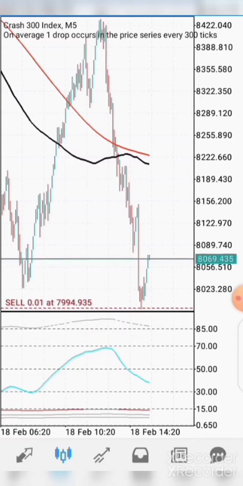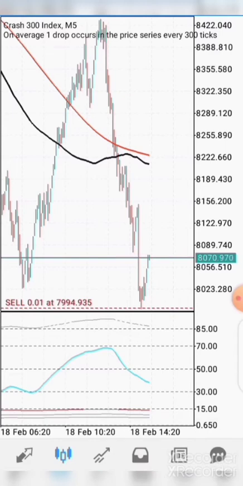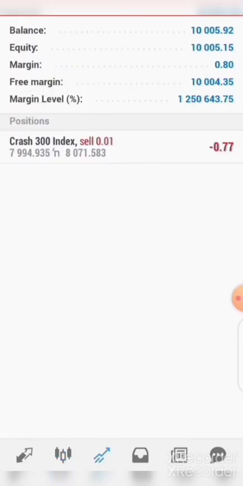Even if the trade is going up against me, from this level here is where I entered the sell. From here to here is how far the trade has gone against me. But if I look at the price right now, the loss is not even up to 1 USD.